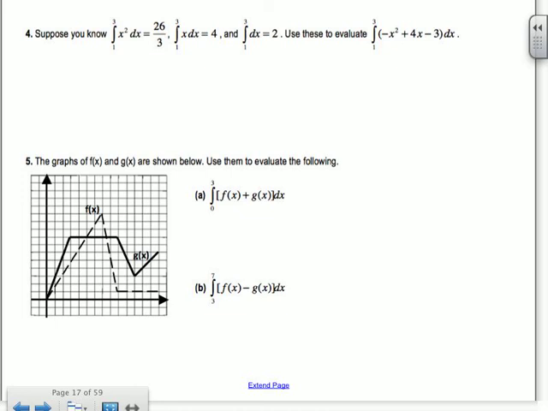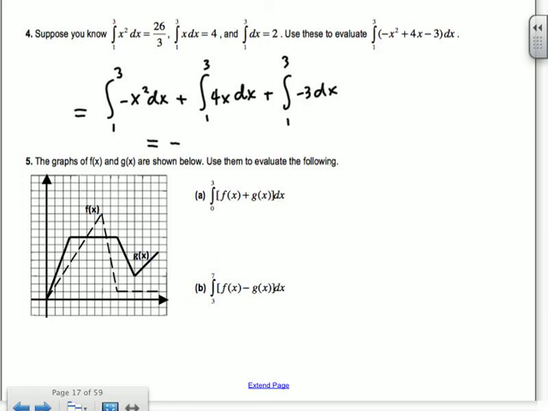So basically what we're going to do is bring the integral sign into each piece. And then remember, you can bring numbers out. So this is really a negative on the outside, integral from 1 to 3 of x squared dx, plus 4 times the integral from 1 to 3 of x dx, minus 3 times the integral from 1 to 3 of dx.